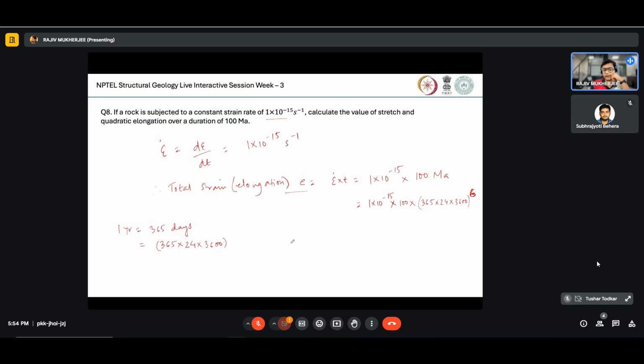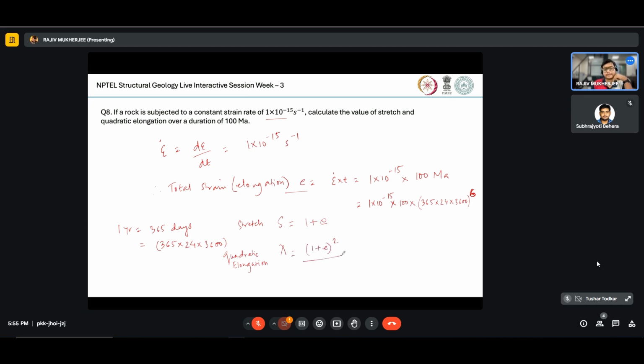So once you calculate the total elongation, you will calculate the stretch as 1 plus elongation, and the quadratic elongation as lambda is equal to 1 plus e whole square.